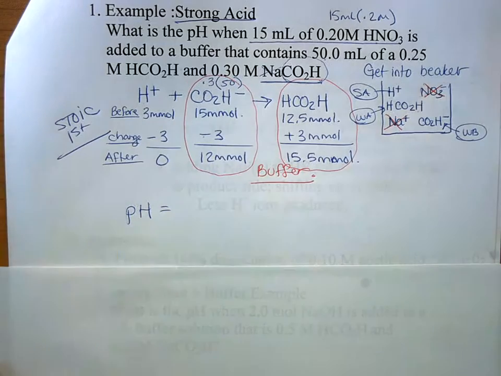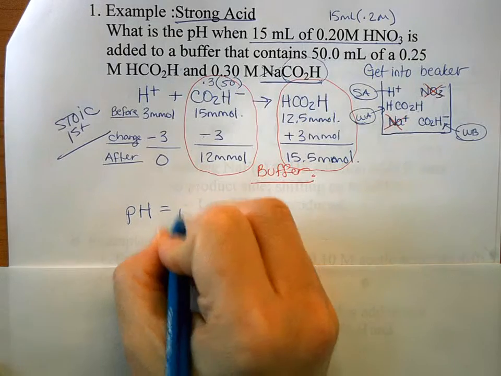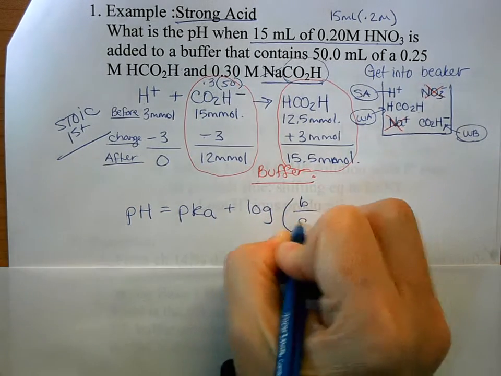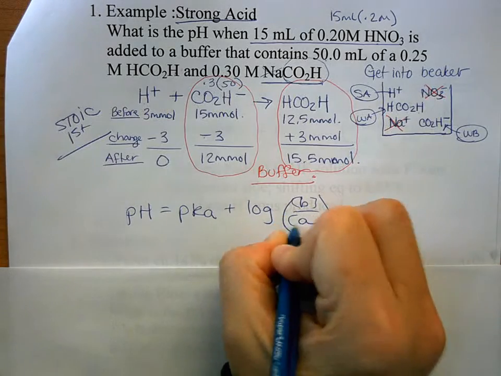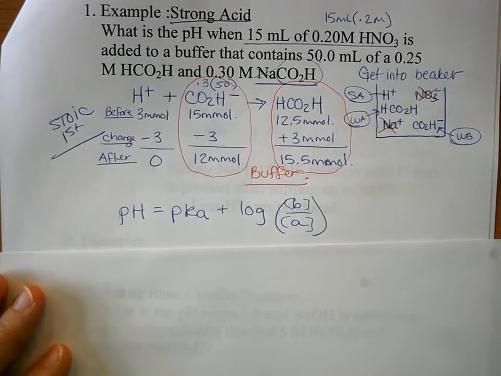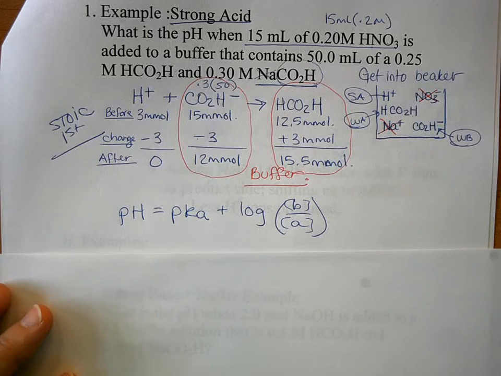And so since it's a buffer, I can go ahead and solve for my pH with my pKa plus log of base over acid. And did I give you the Ka?